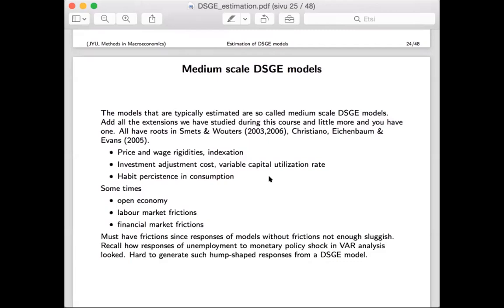There are lots of different frictions, since typically DSGE model responses are such that variables respond quickly and then return quite quickly back. But VAR impulse responses typically are much more hump-shaped, and to generate this kind of hump-shaped impulse responses, different rigidities have to be included, like investment adjustment costs and price and wage rigidities that we have studied.